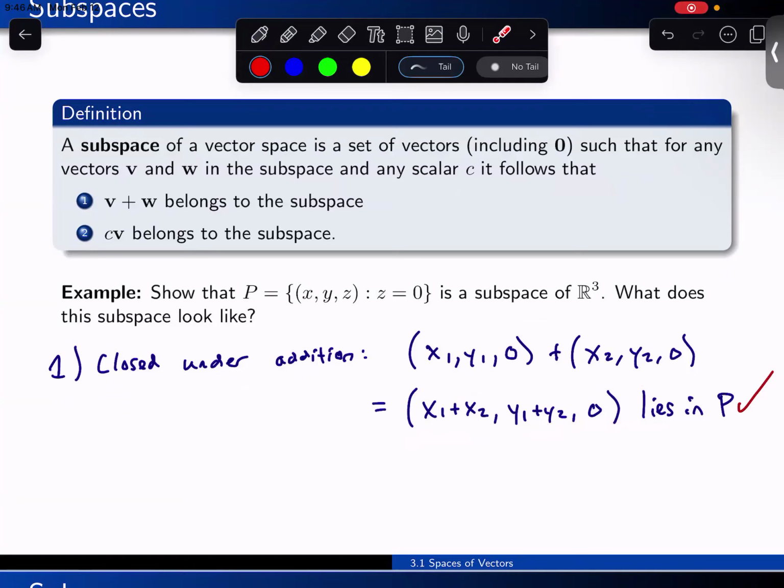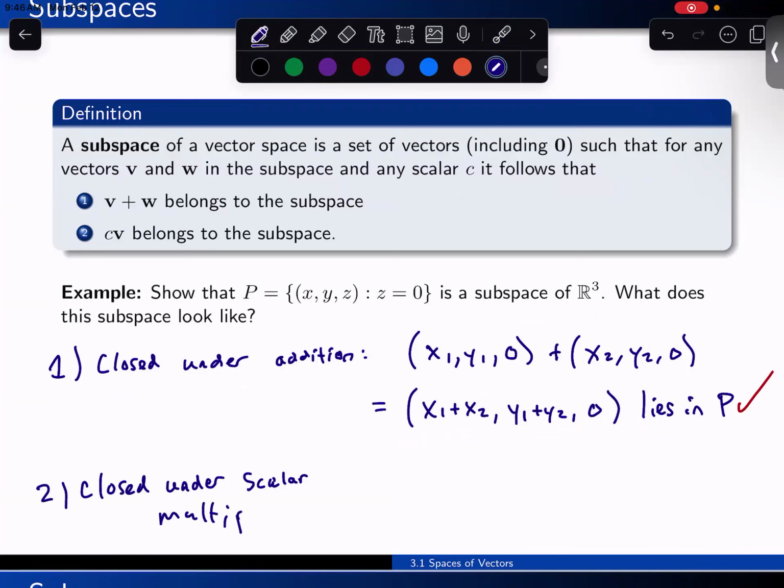And then you do something similar with respect to scalar multiplication. You can probably already see what ends up happening, but just writing it out in detail, we want to show it's closed under scalar multiplication. So you take any c in the real numbers, and then you multiply it by an element inside of P, say x, y, 0.